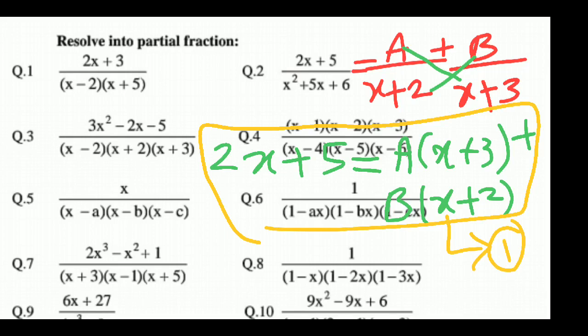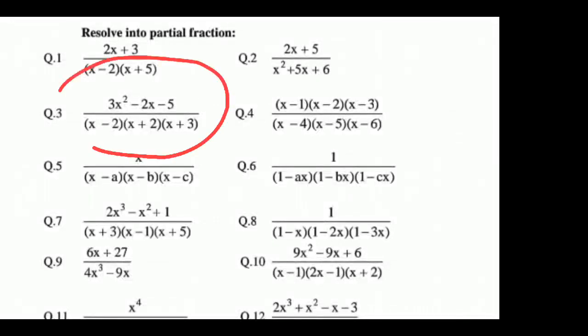Assume that x is equal to minus 3, you will get the value of B. Assume that x is equal to minus 2, you will get the value of A. After getting the values of A and B, you substitute in this equation, you will get the required partial fraction.